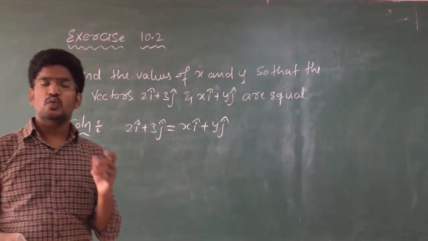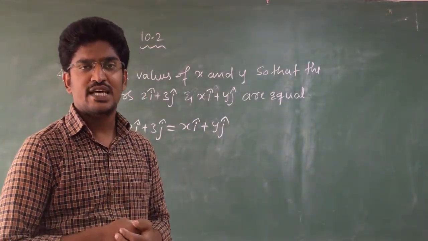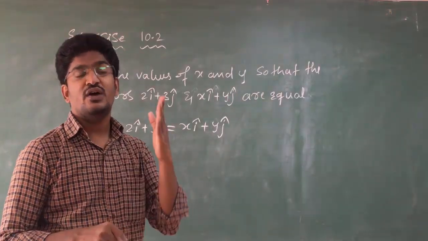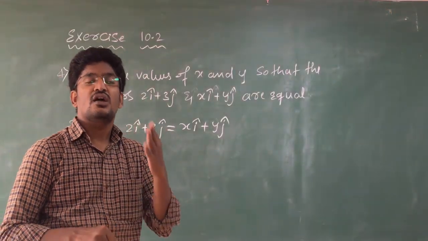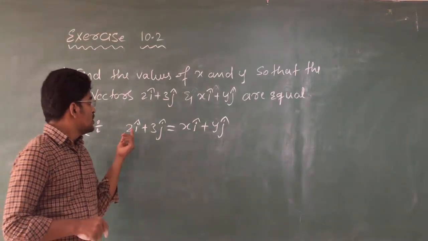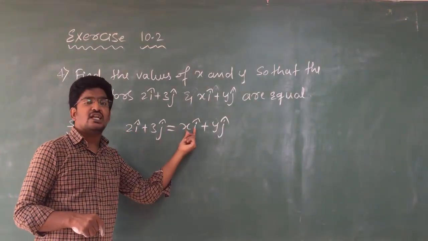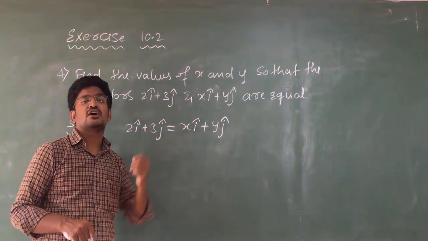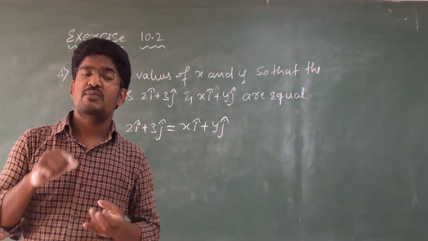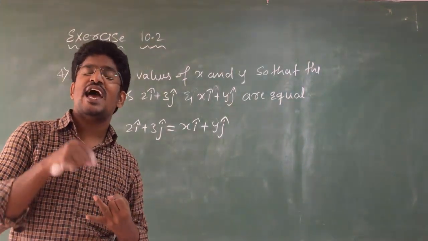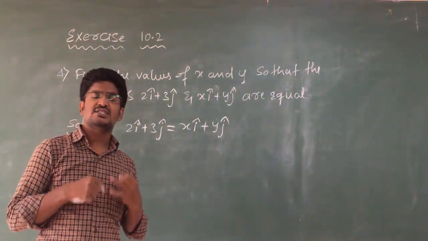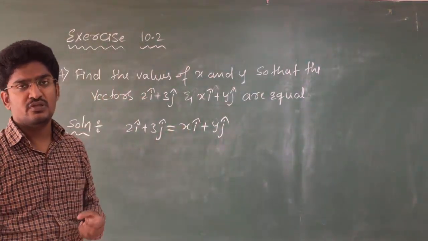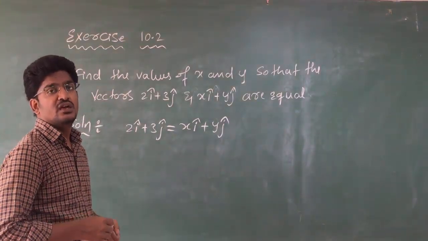So according to the equal vectors definition, we know that 2 vectors are equal if and only if their vector components are equal. That means the i cap vector component has to be same, the j cap vector component has to be same. That means the magnitude and the direction has to be same. Then only 2 vectors are going to be equal.